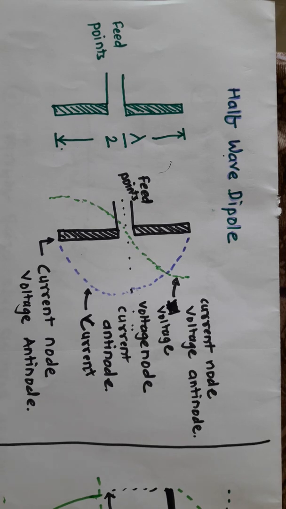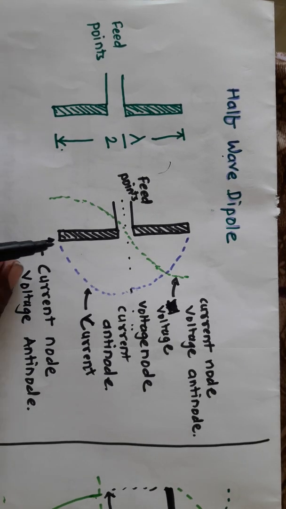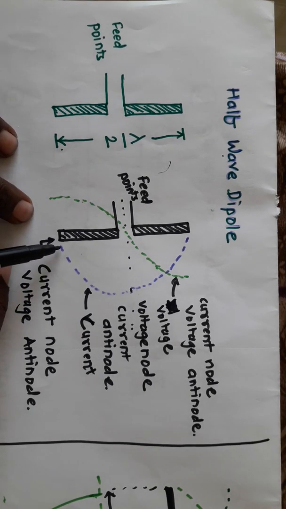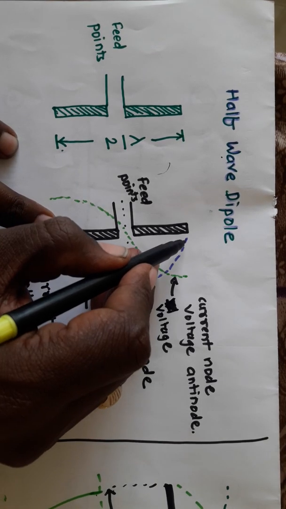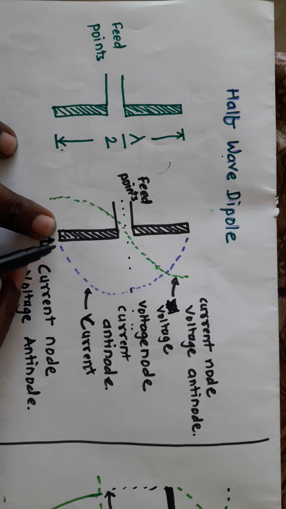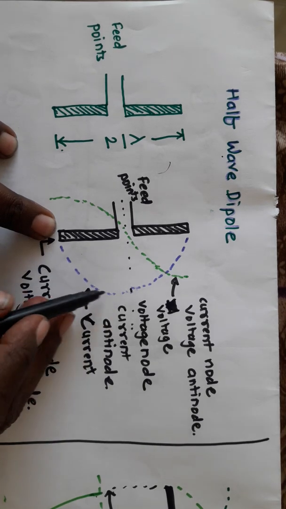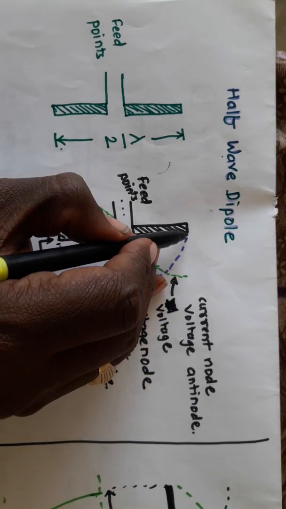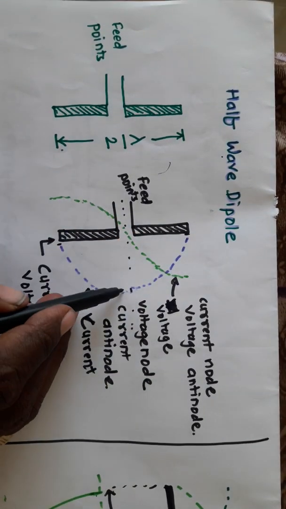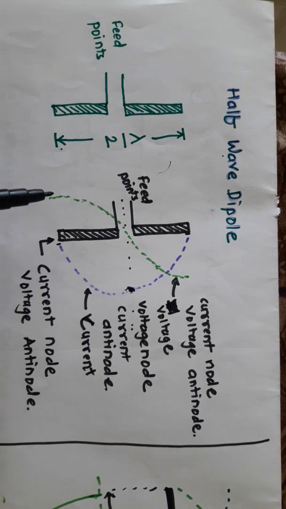Suppose this is your current structure or current waveform. Current is minimum at this point, minimum at this point, and maximum at this point, right?